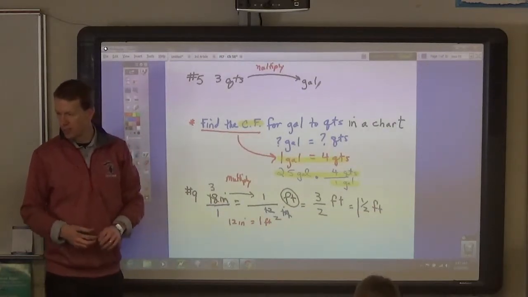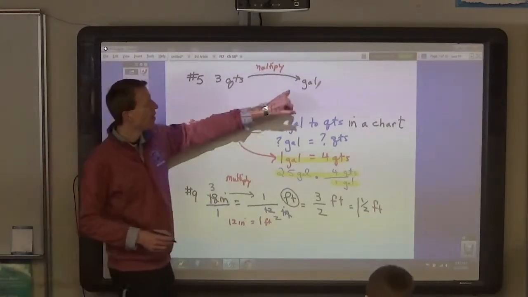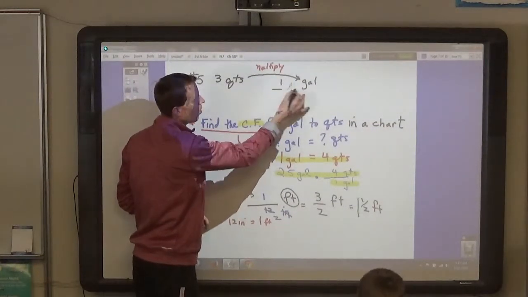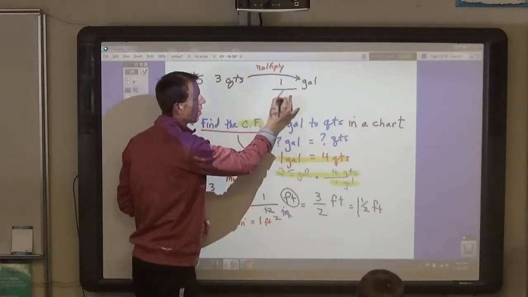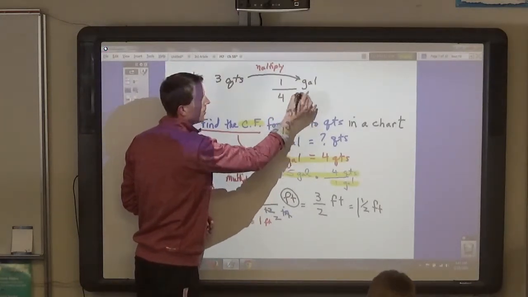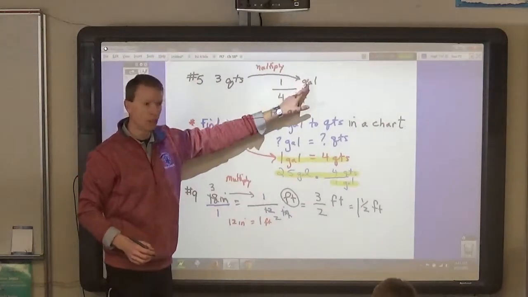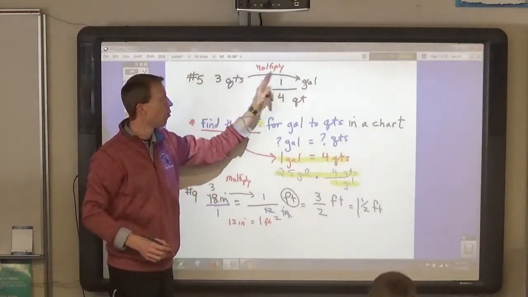Gallon and quarts. Okay, 1 gallon, since we're going to gallons, 1 gallon equals 4 quarts. So we put the gallons on top, because that's what we're going to. We're converting quarts to gallons.